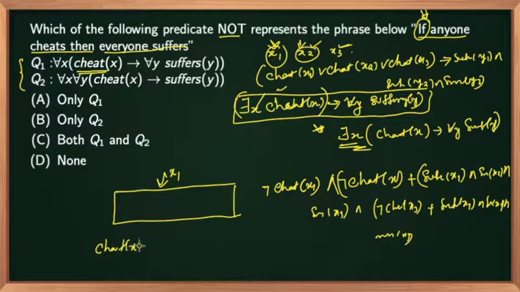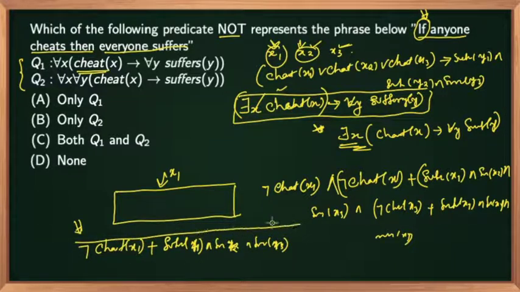So not cheat of x1 will be true if he is not a cheater, and false if he is a cheater. If it is false, then that means suffers of x1 and suffers of x2 and suffers of x3, right? So for each element in this domain, this particular expression should be true.